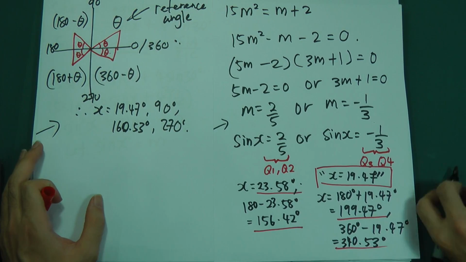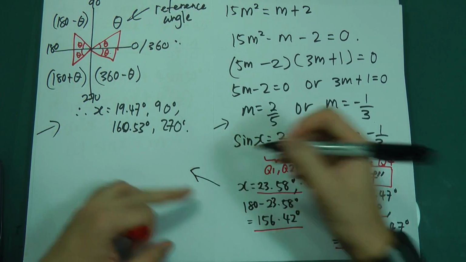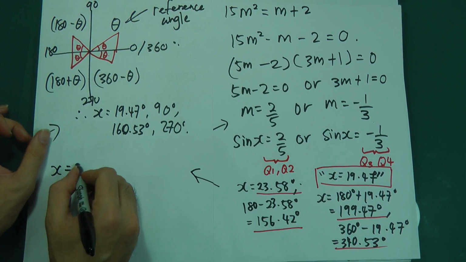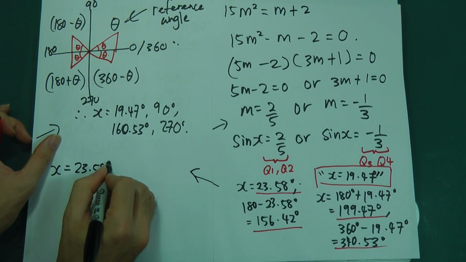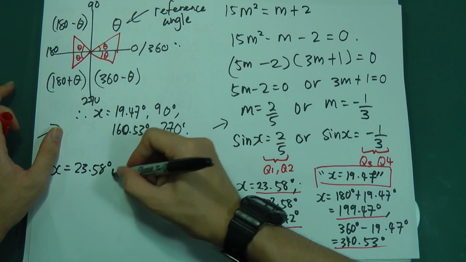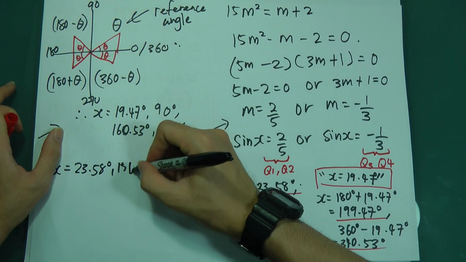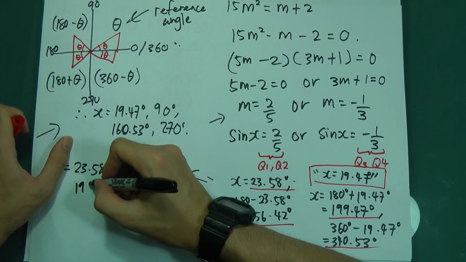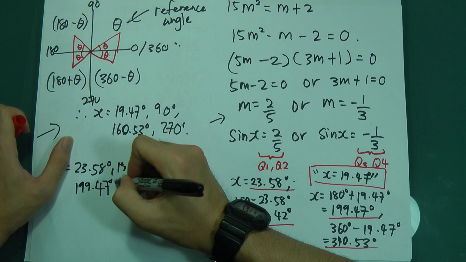Then after that, you combine the values for x from smaller to bigger. The first one is 23.58, and then 156.42, and then 199.47, and the last one is 340.53.